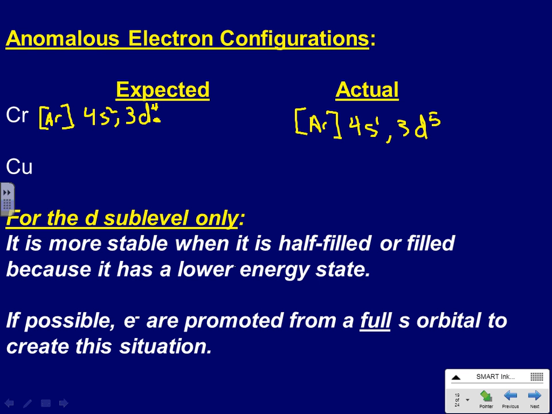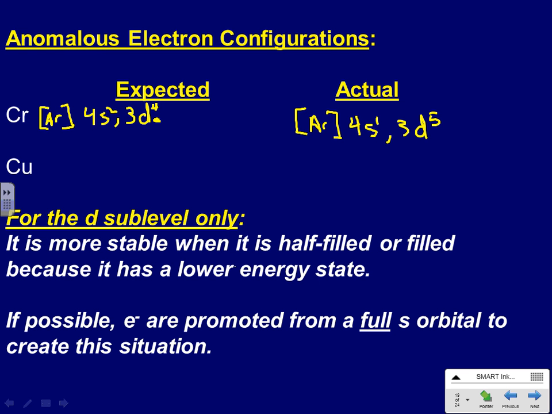I'm going to have to stick it in the same room. That's no gain whatsoever. You still have 2 electrons being stuck into the same orbital. You don't gain anything by that. So if you have a d subshell with 4 electrons and there is a full s, it will promote.